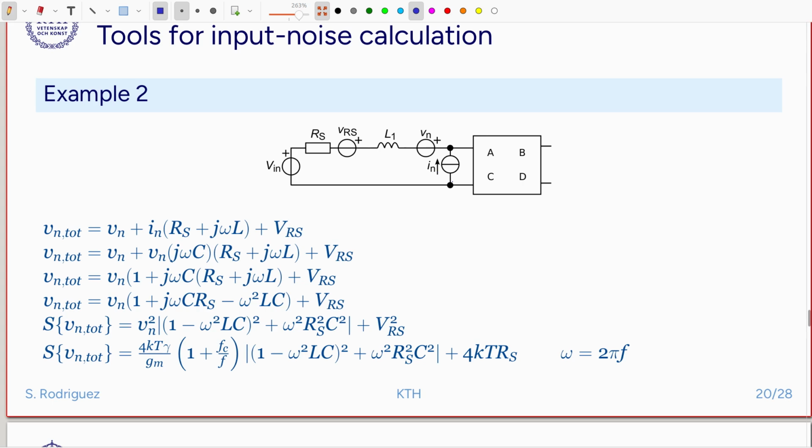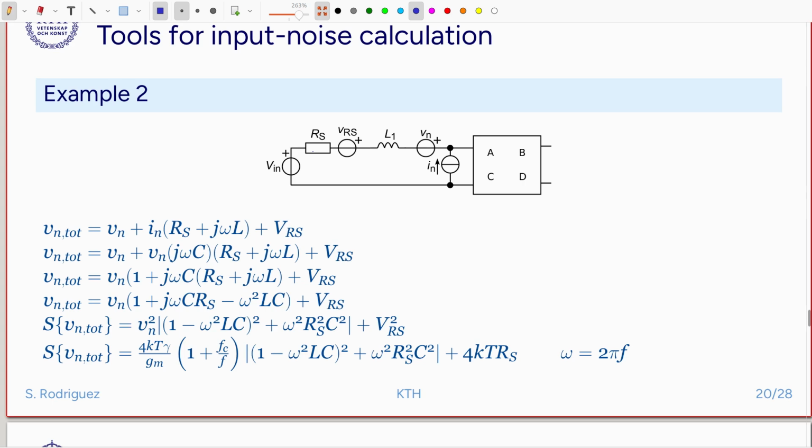Typically, as we explained before, we want to use common source amplifiers in first stages because of the lower input referred noise. And then we have an inductor, and then we have a voltage source that includes a series resistance. So this is a very typical case: input voltage in company of a source resistance. The source resistance will produce thermal noise.